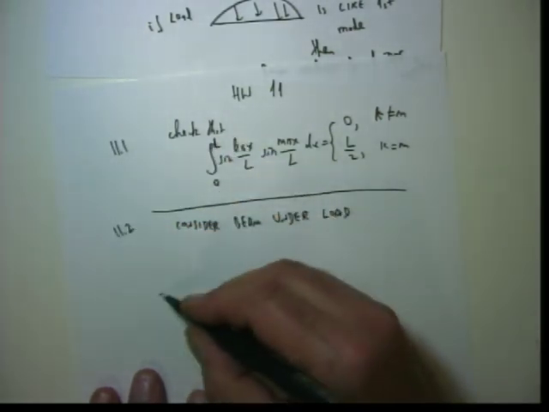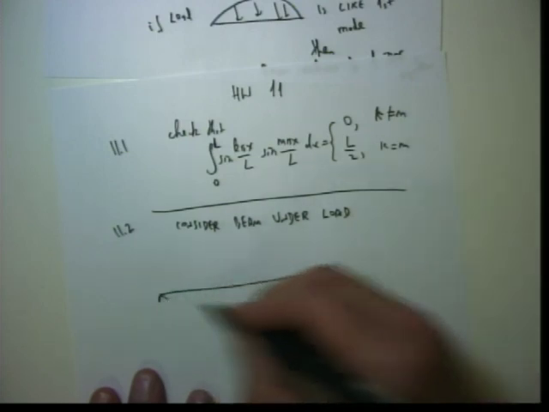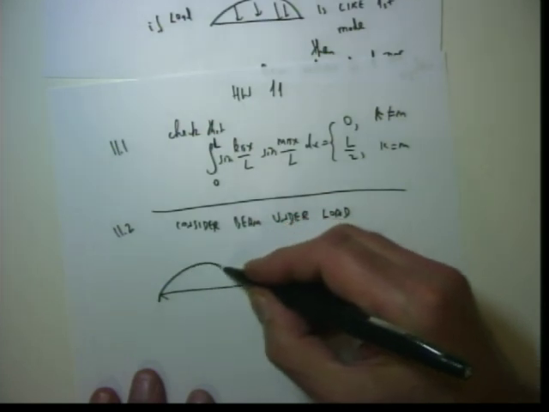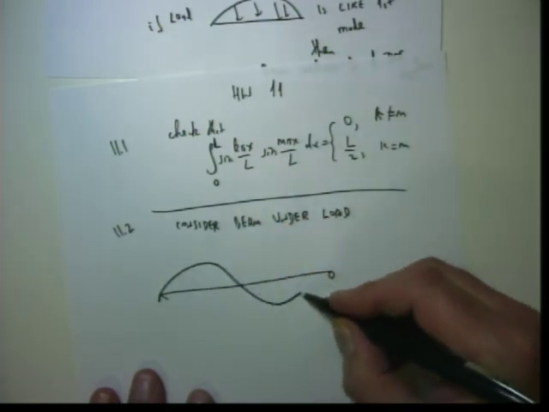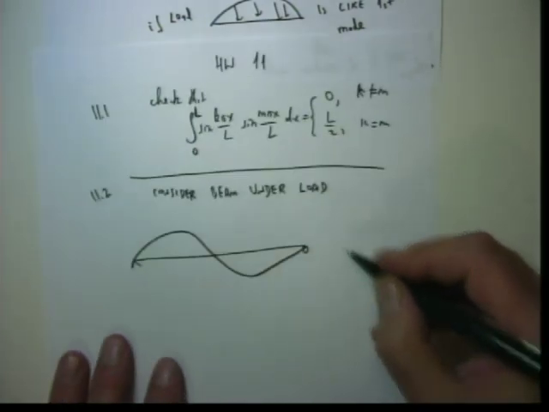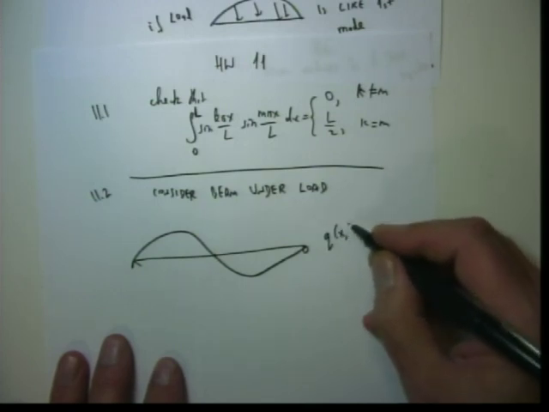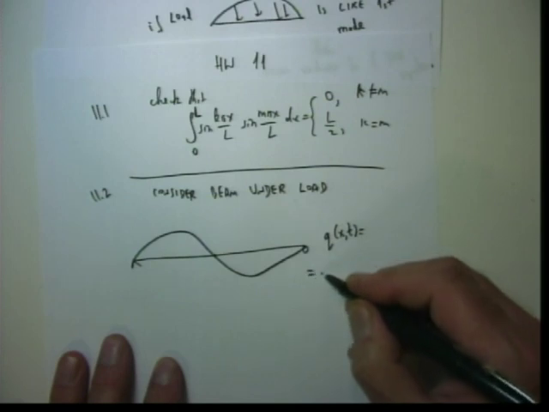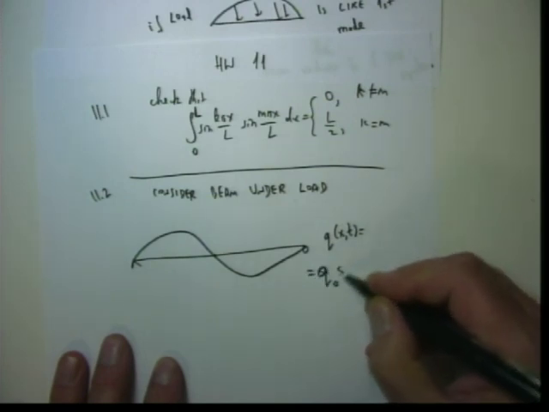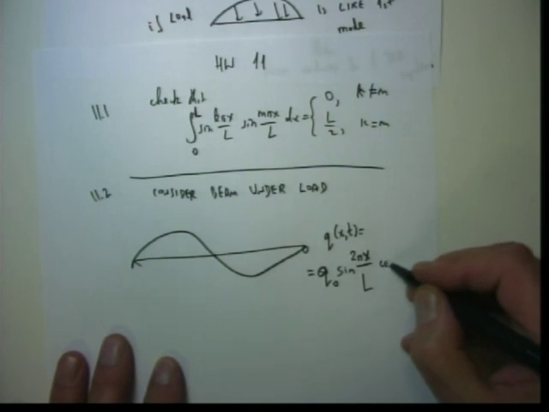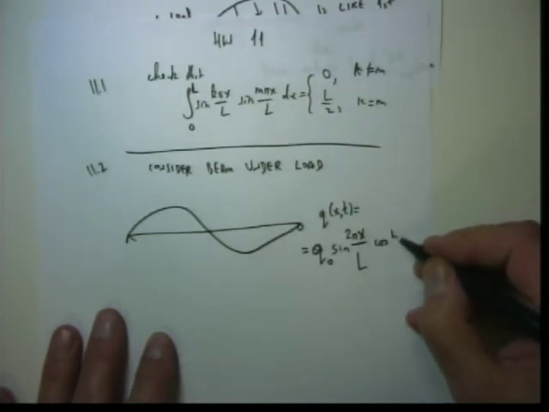Under load like this. Q of x, t equals q sub 0 sine 2 pi x over L cosine 5t.